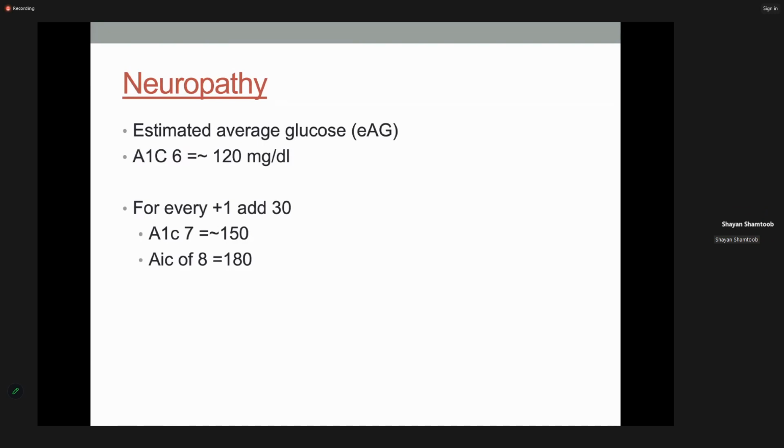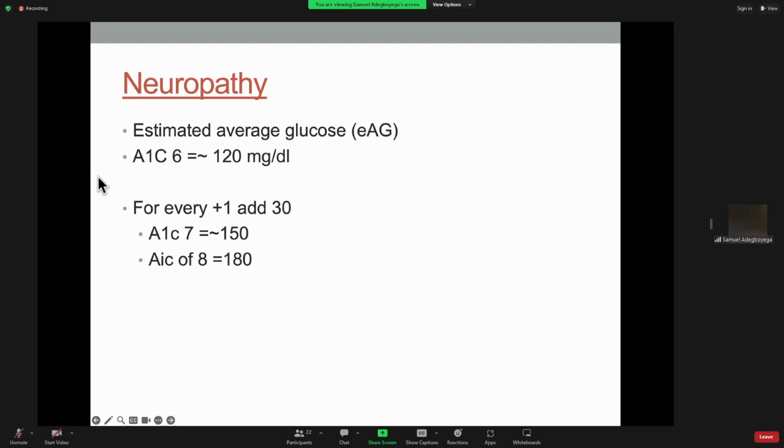A1C was times 20, right? That's whatever you got for your A1C times 20 is your blood glucose. Let me just do it real quick. So the first thing you have to remember is that an A1C of 6 is approximately 120 mg/dL. So it'll give you a blood sugar of 120 for an A1C of 6.